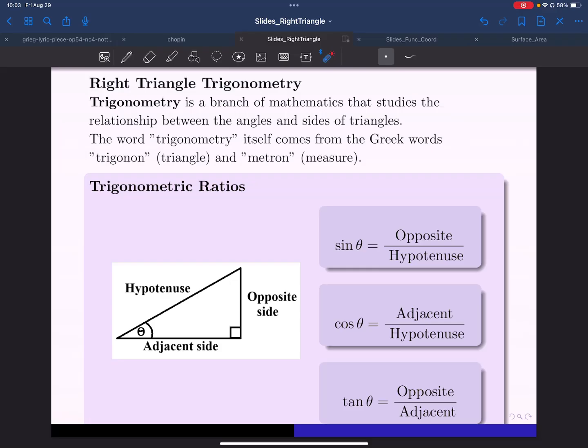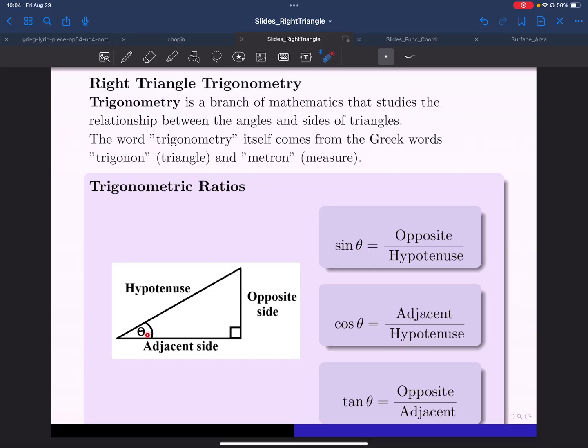Now, if we have the sides this way, then we can define sine as the opposite side divided by the hypotenuse. That's the definition of sine theta. Then the cosine is defined as adjacent divided by the hypotenuse.